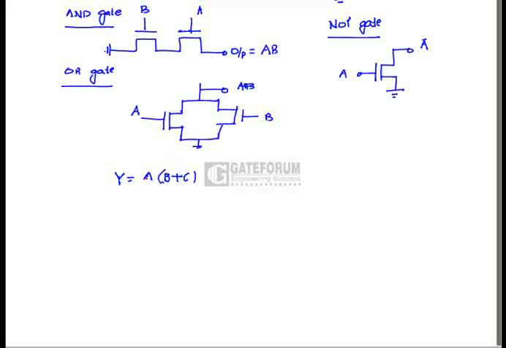Again, transistors A, B, C are in parallel with transistors D, E. Hence, it acts as an OR gate. The configuration before the node Y acts as a NOT gate. Hence, the output is Y equals [A into (B plus C) plus DE] whole bar. Answer C.